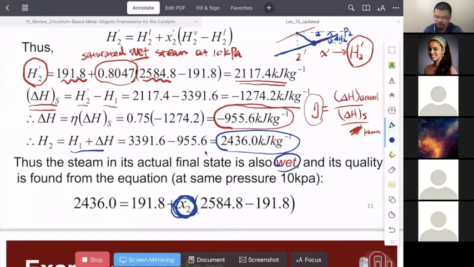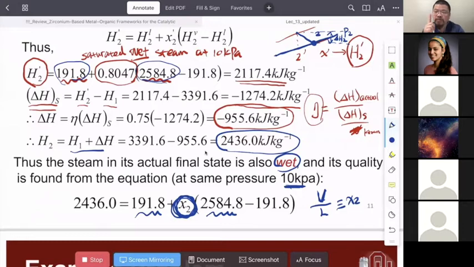Let's still assume this is of vapor versus liquid, which is X2. So now we know that is still the 10 kPa, right? So the two values of the saturated steam would be exactly the same as the previous calculation. So you can see they are exactly the same.